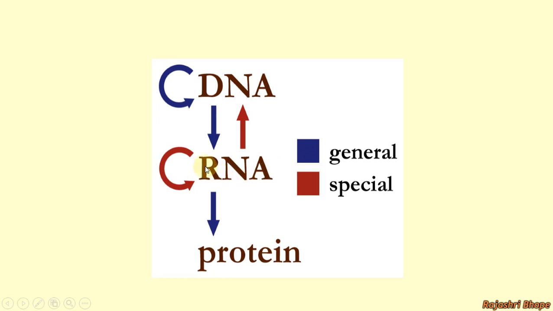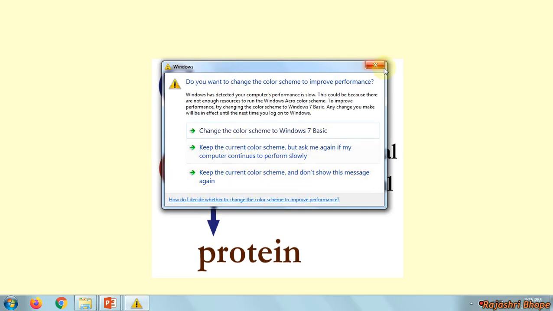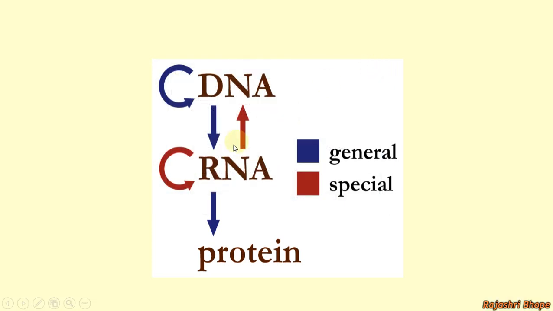In a few organisms, this RNA is replicated. RNA is used as a template and double-stranded DNA is synthesized. The process is known as reverse transcription. And using RNA, proteins are synthesized. The process is known as translation. Okay, so this is the central dogma of molecular biology.